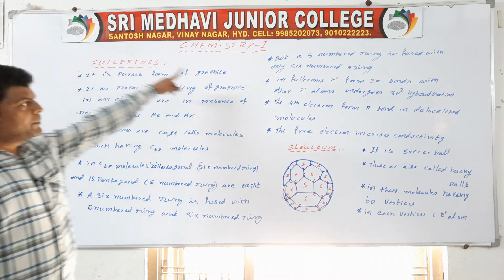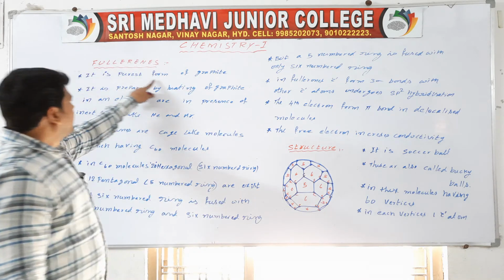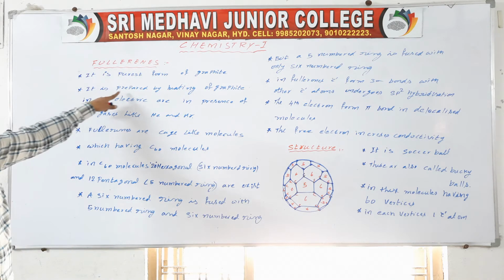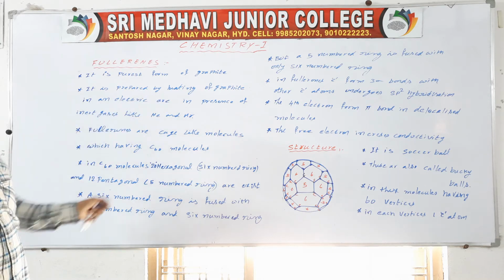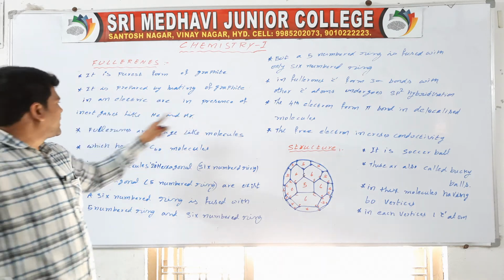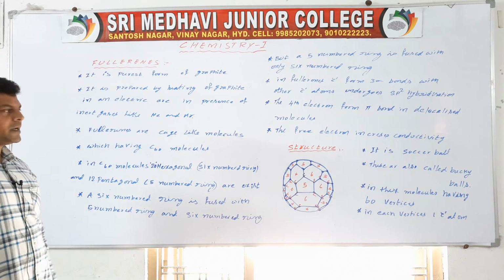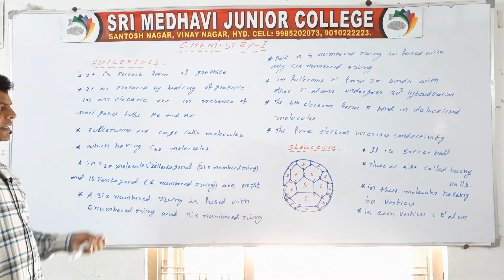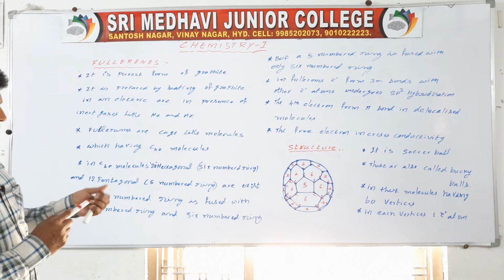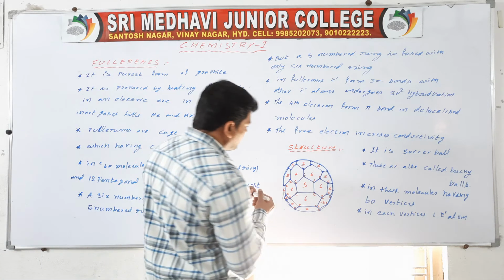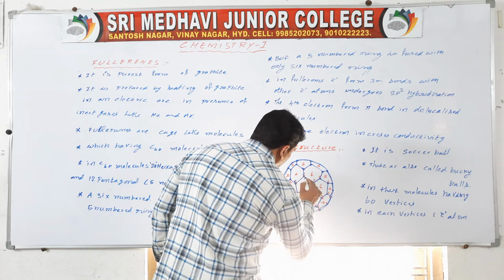Okay. So what I mean to say, you have to know, it is the purest form of graphite. It is prepared by heating graphite in an electric arc in the presence of inert gases like helium and argon. Okay, so here all these are carbon atoms.